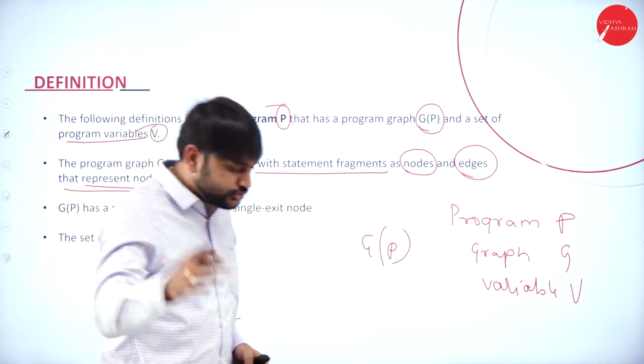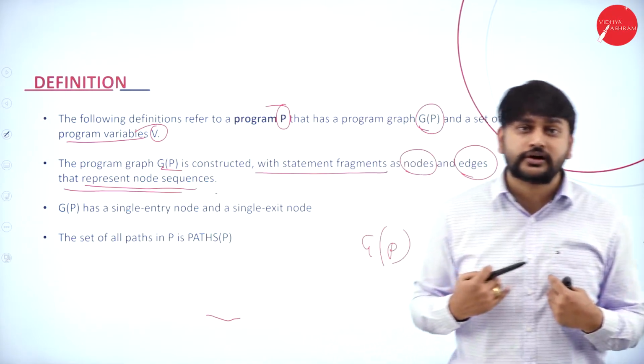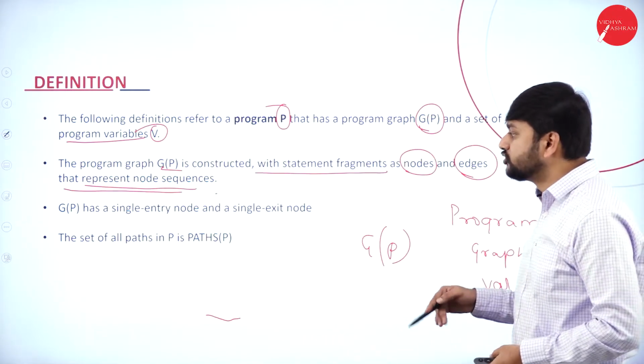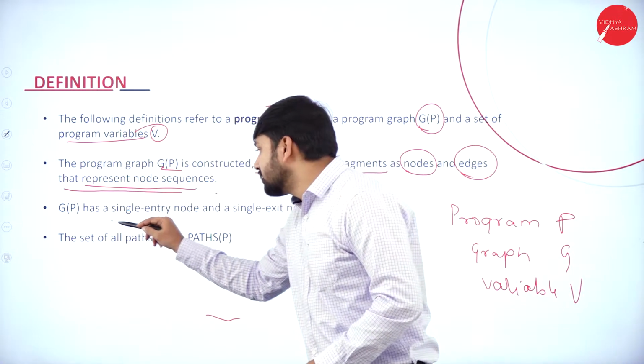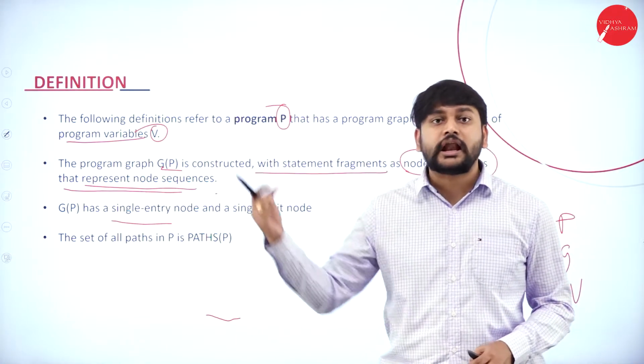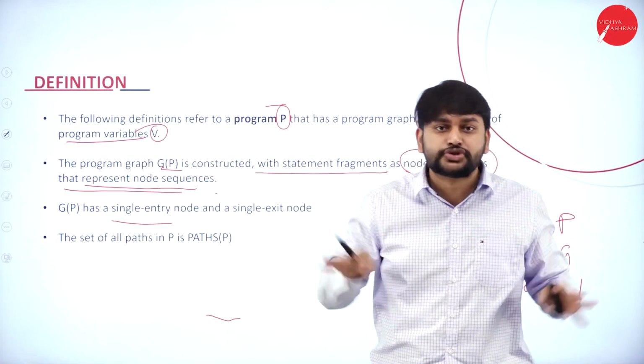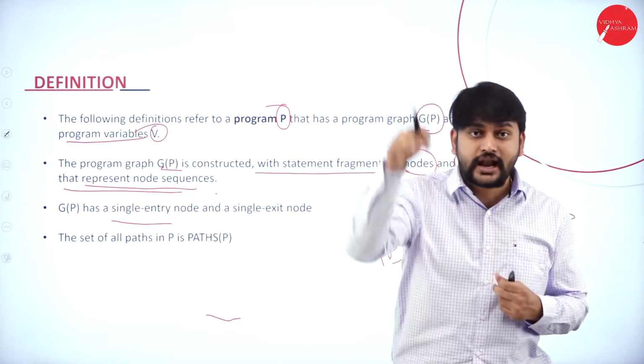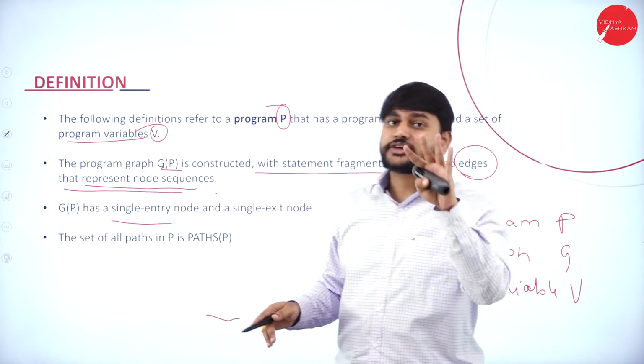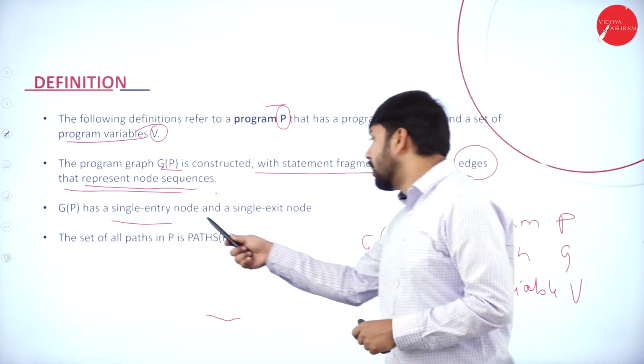What is the next thing to understand before I go to the next topic? The graph has a single entry node, one side entry, no multiple branching. One side entry and one side exit. That is one of the important points that you need to observe here.